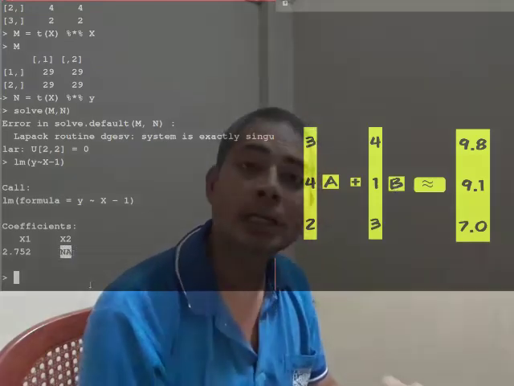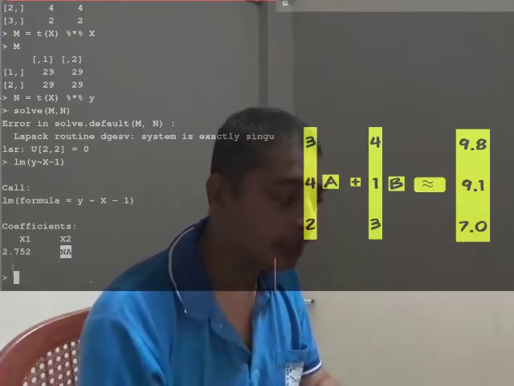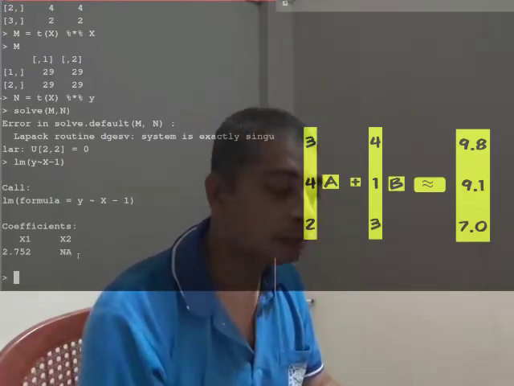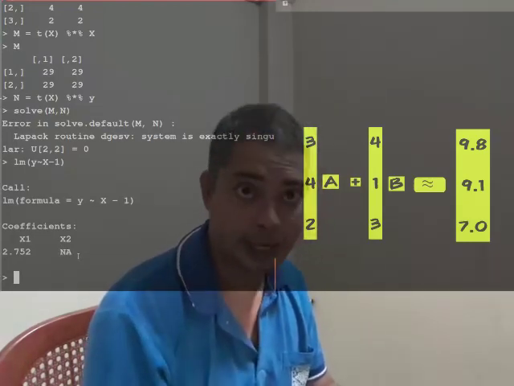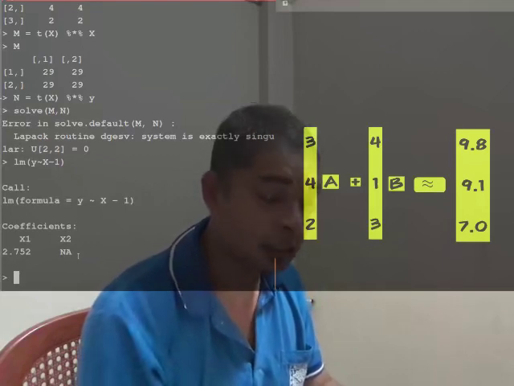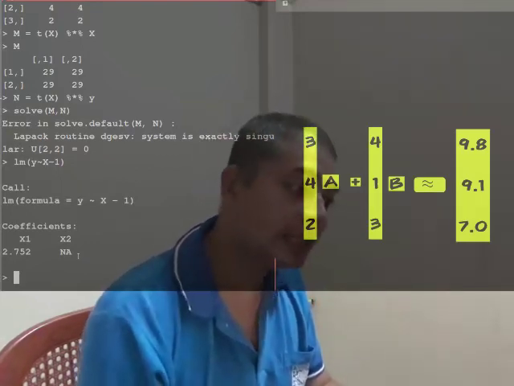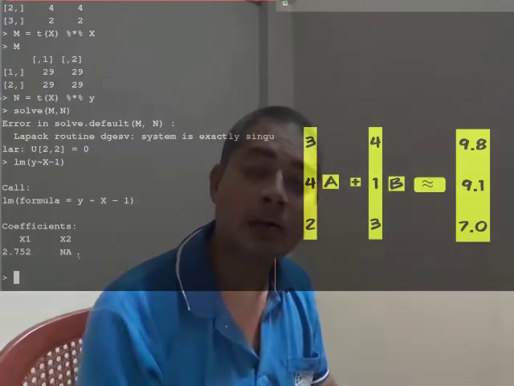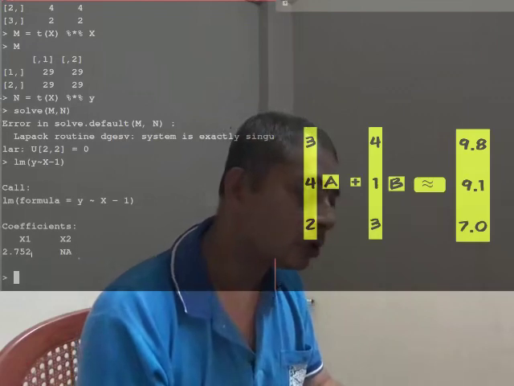It sets b equal to 0, and then of course it can solve uniquely for a. Since it has set b equal to 0 arbitrarily, instead of reporting that as 0, it is reporting that as NA. NA means not applicable. So it says that if I set b equal to 0, then I can solve for a.